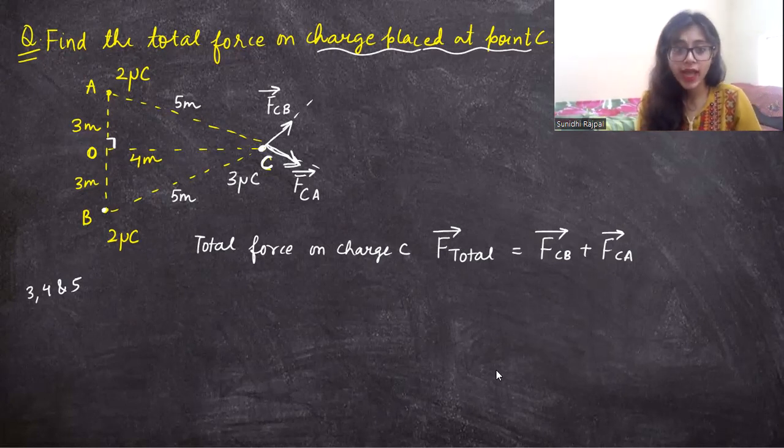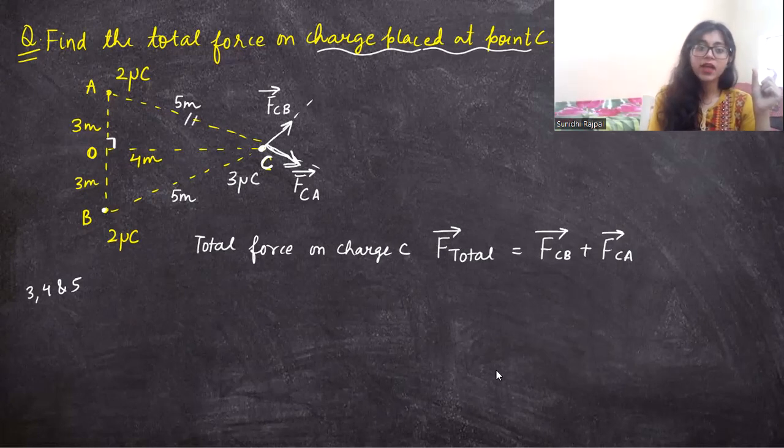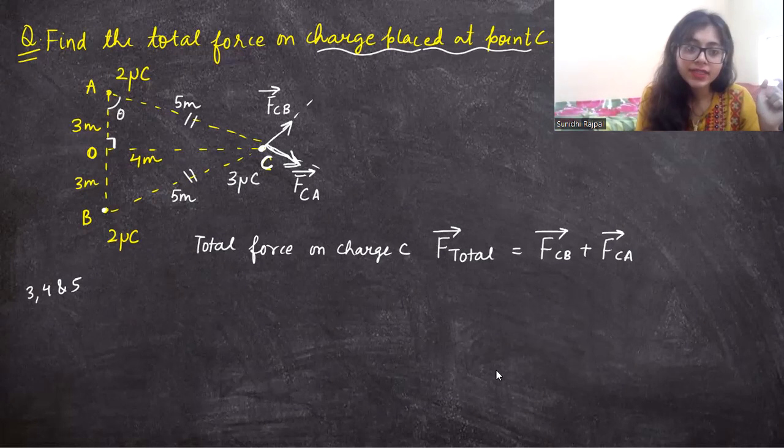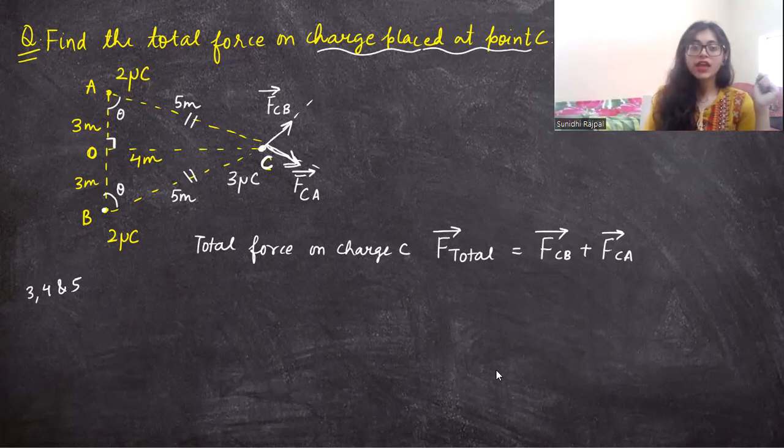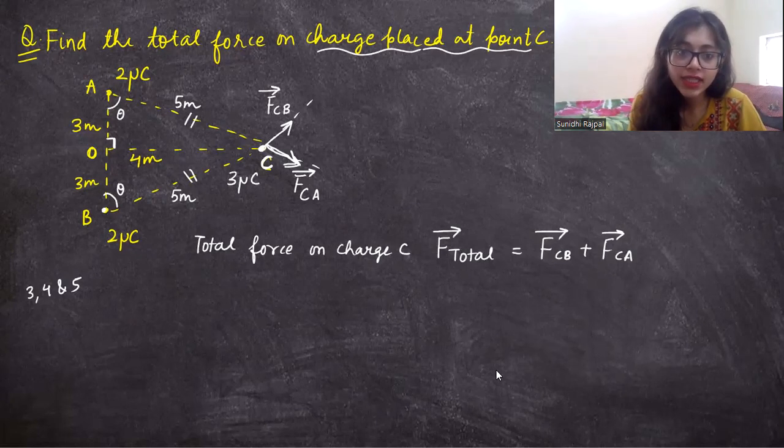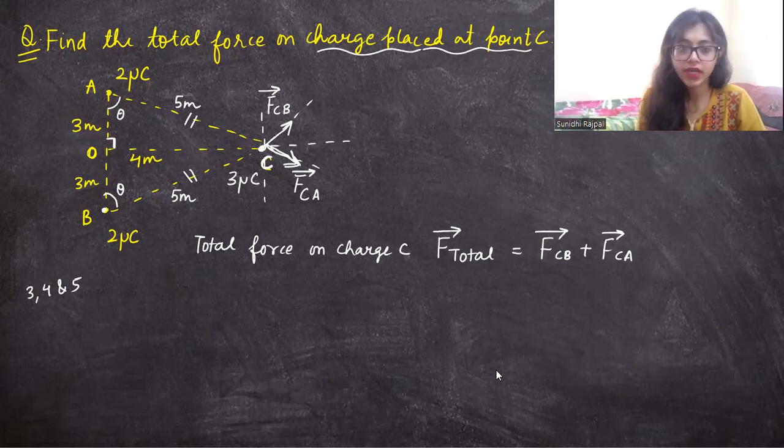Since the AC side of this triangle is equal to the BC side, if I call this angle BAC theta, I can say that angle ABC is also theta. If both the angles are theta, and I draw a perpendicular over here and a perpendicular over here, then what will be this angle?